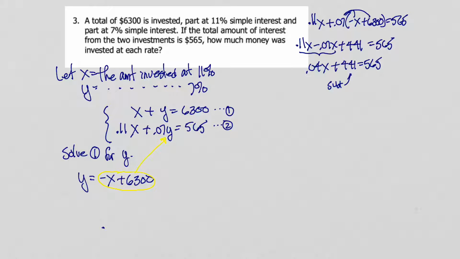Let's subtract that 441. So we'll get 0.04x equals, now we can do this, subtract 441, 5 minus 1 is a 4, 6 minus 4 is a 2, 5 minus 4 is a 1.